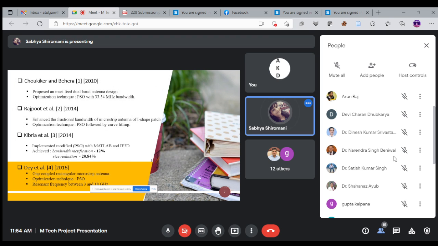Rajput et al. have presented the fractal bandwidth of microstrip antenna loaded with the I-shaped patch, where the optimization technique was PSO, followed by curve fitting.